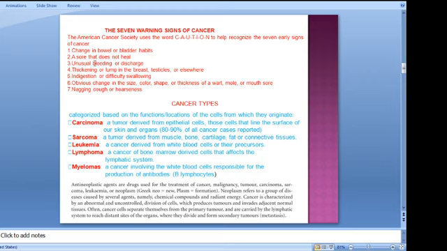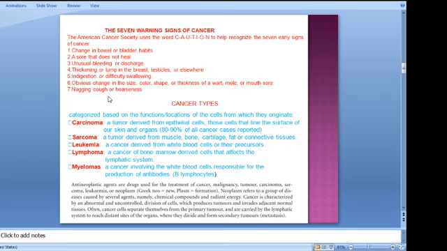The next ones are a sore that does not heal, unusual bleeding or discharge, thickening or lump in the breast, testicles, or elsewhere, indigestion or difficulty swallowing, obvious change in the size, color, shape, or thickness of a mole or mouth sore, and nagging cough or hoarseness.